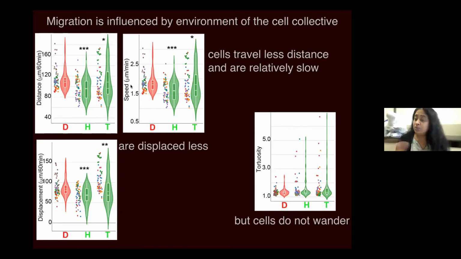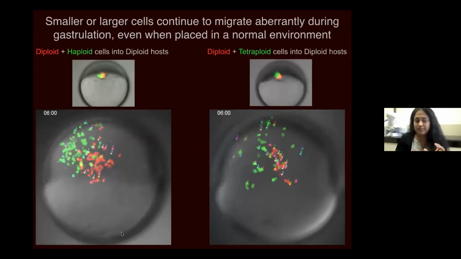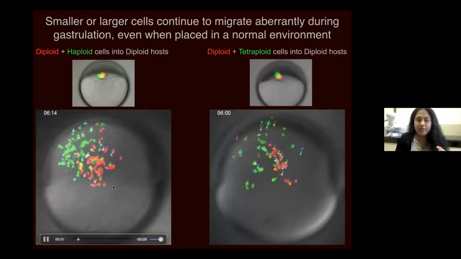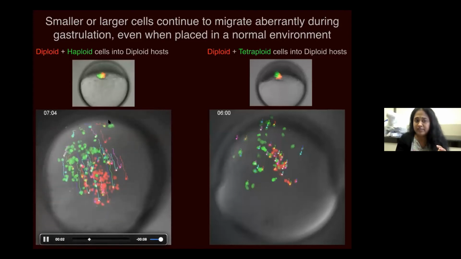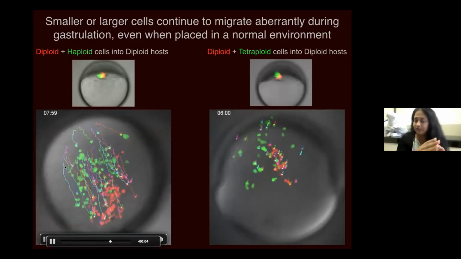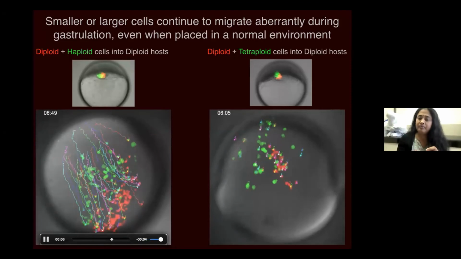It tends to be slower. So it covers less distance, it is slower, and therefore it is of course displaced less. The net change in position from point A to point B is much shorter. And that explains why we always find this green group of cells displaced further towards the end of the movie.